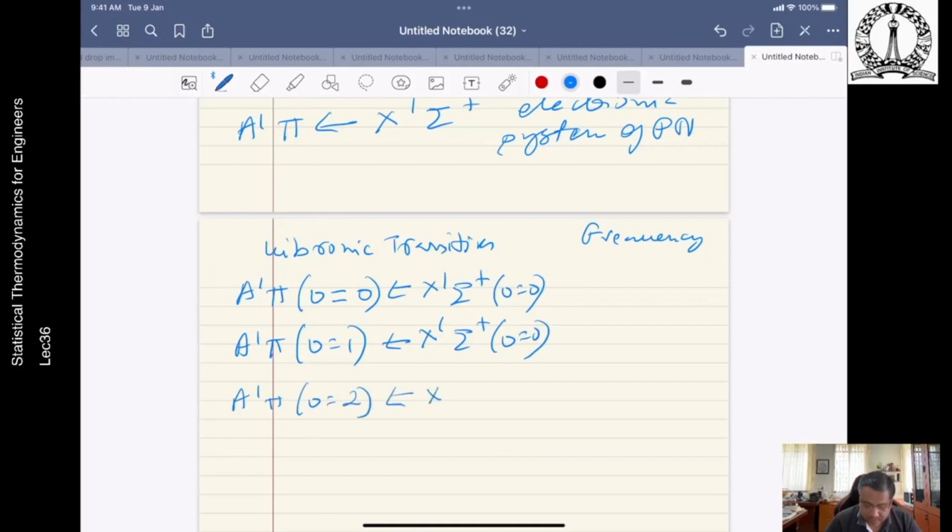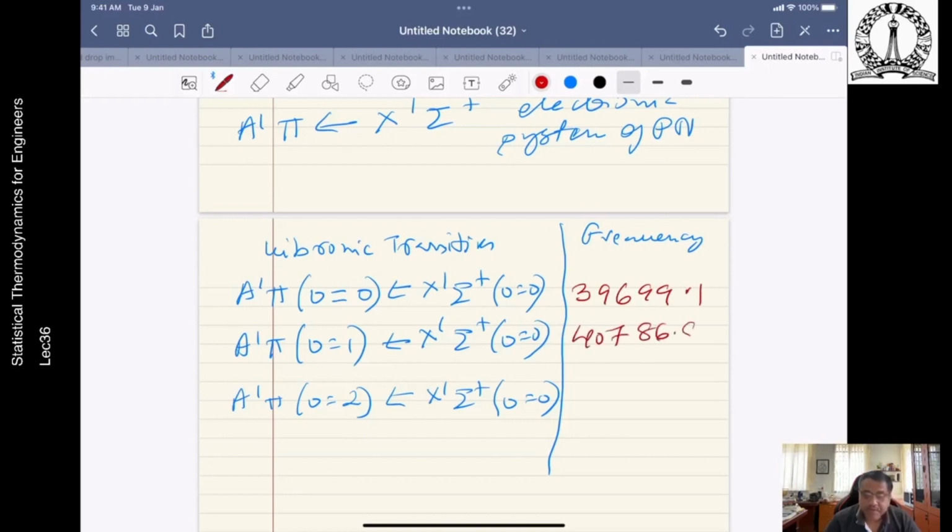The frequencies are 39699.1, 40786.8, 41858.9.